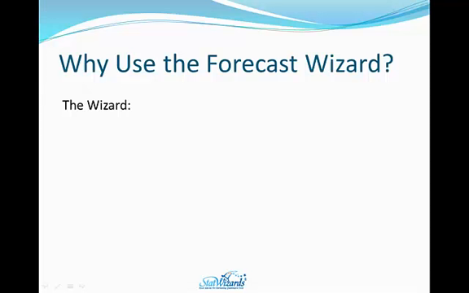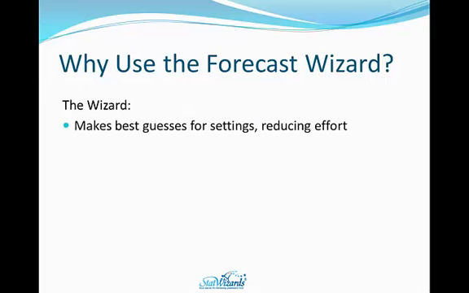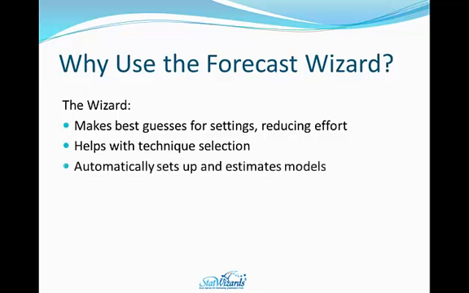In this brief introduction, we've shown how the Forecast Wizard makes best guesses for settings, reducing time and effort. It allows you to override most guesses, uses what it learns about your data and objectives to help select the proper technique, automatically sets up and estimates models. Solver setups are saved, so you can return to them later if you wish.